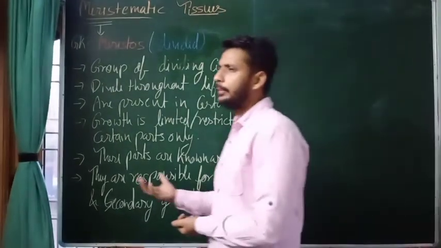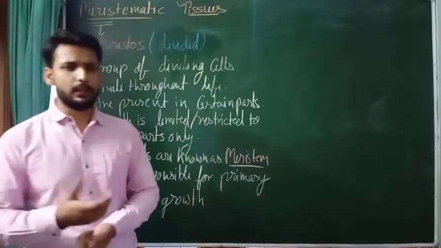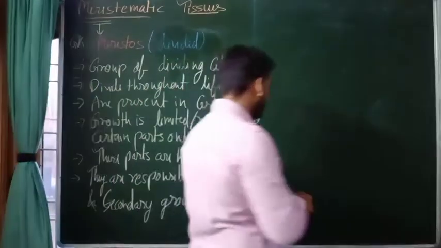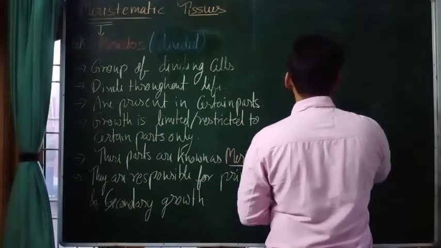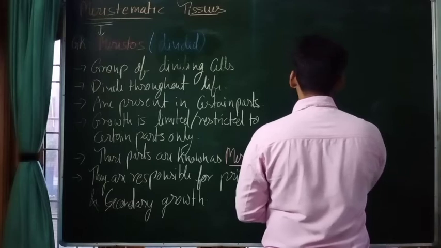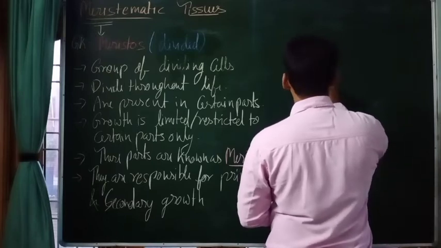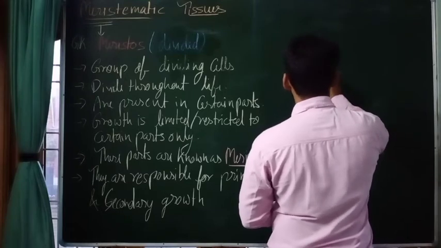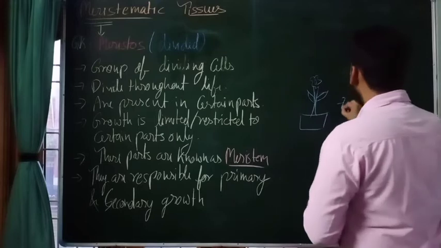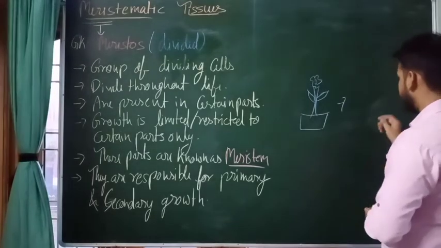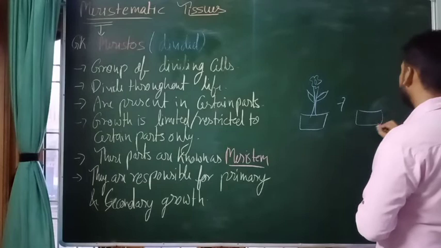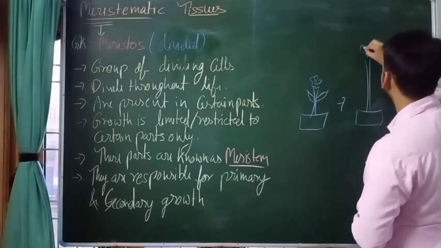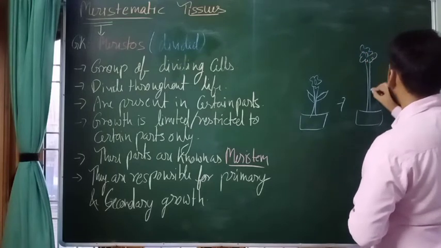What is actually primary growth and what is secondary growth? If we are talking about primary growth, generally when the plant is there and it increases in its height, like suppose there is a small plant in a pot, and here leaves are present and here a flower is present, and with the passage of time we can see that this plant is increasing in its height, right?